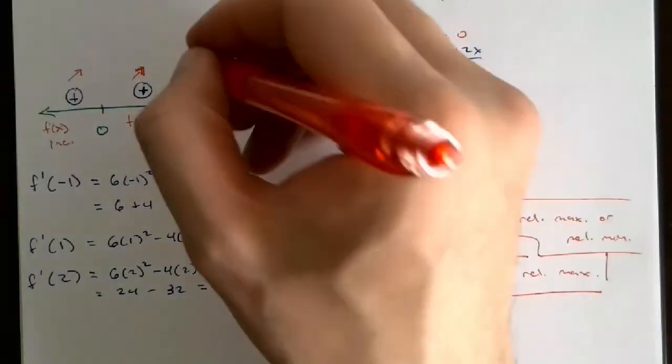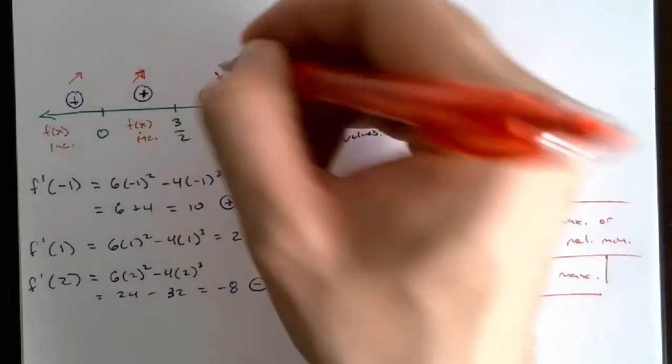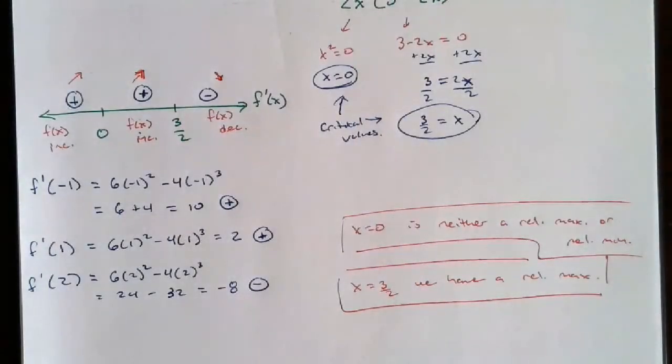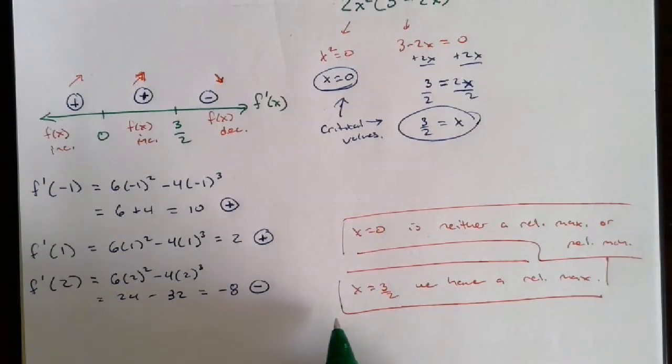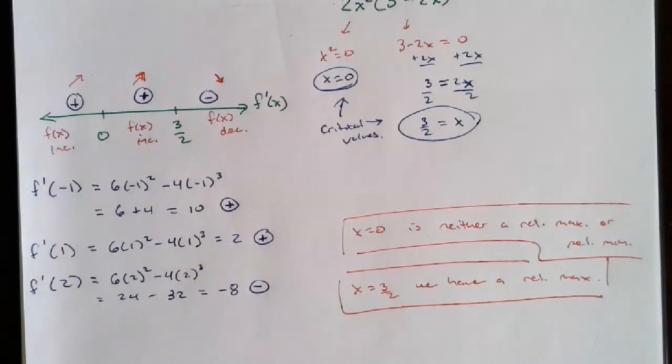So, we use the first derivative test to determine where the relative extrema occur. Now we have to find the corresponding y values. So let's sub in. We don't have to sub in 0 to find the corresponding y value, because 3/2 is the only one where we have the relative extrema. Remember what you're subbing into.